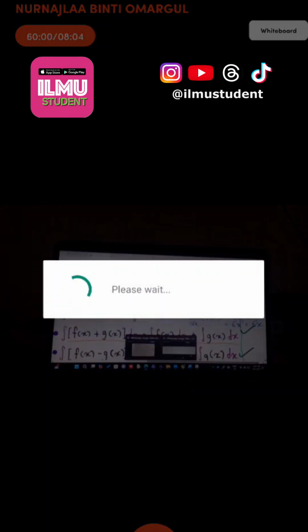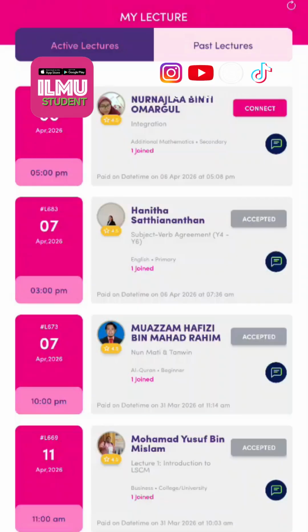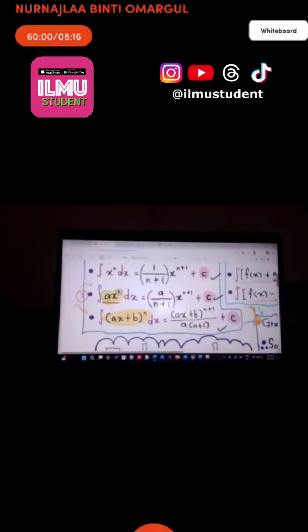First of all, we refer back to our mind map of the method of integration.